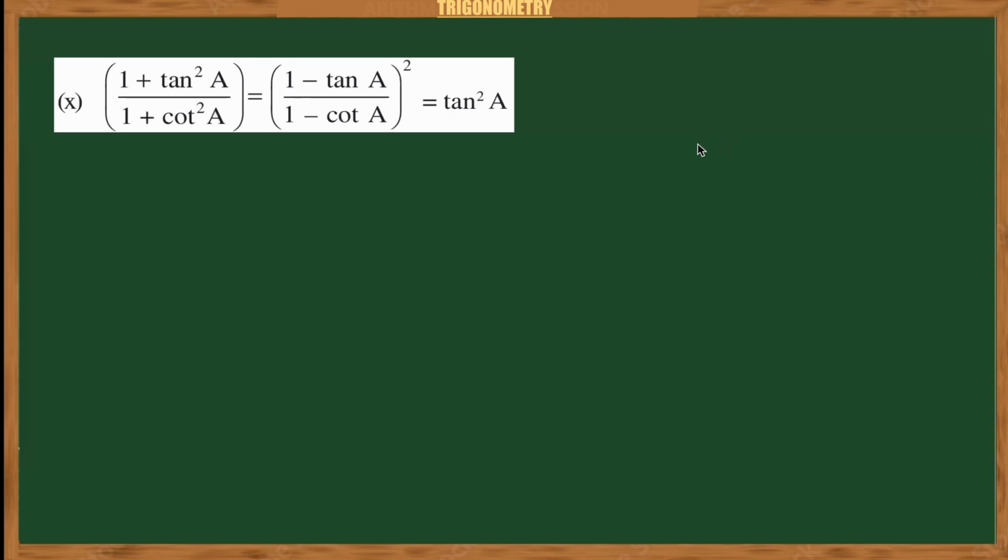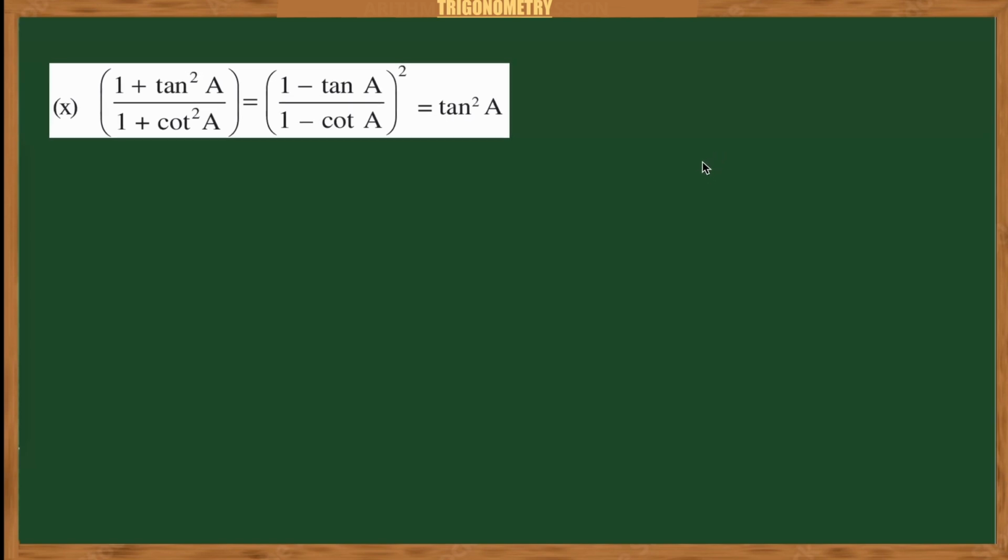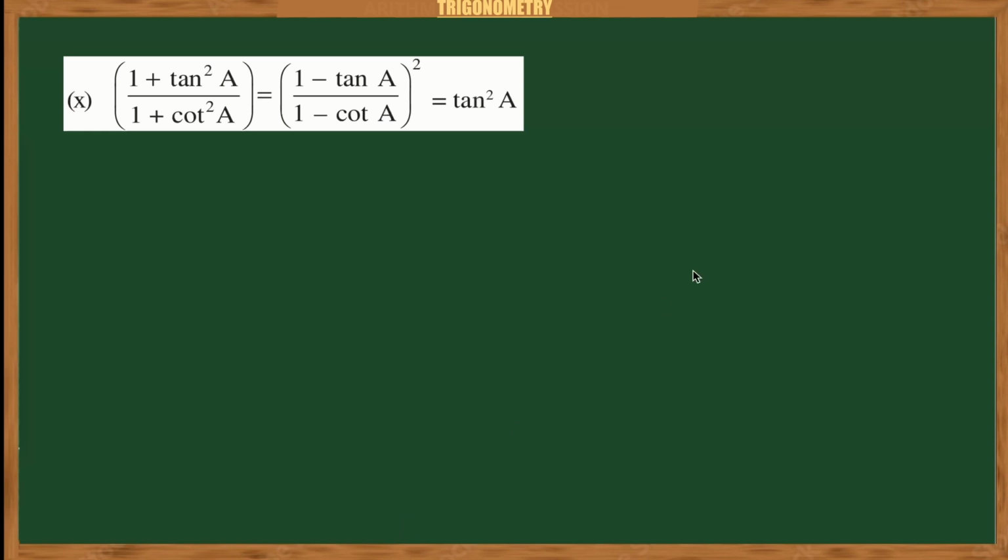So here sine square plus cos square theta is not there, so we cannot. There is another formula which we use. Secant square A is equal to 1 plus tan square A. And we have another related to cosecant square A, which is equal to 1 plus cot square A. Here it is given this way, so we can straight away put it.